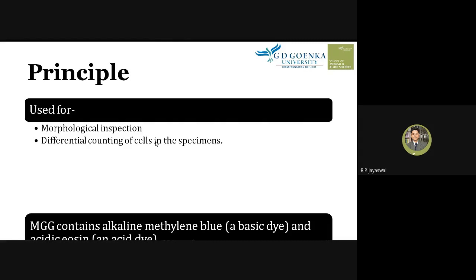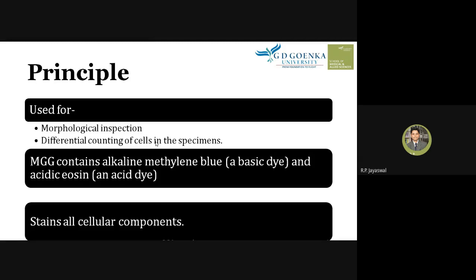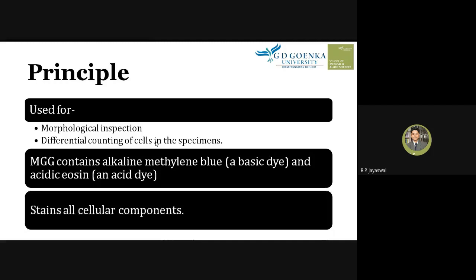MGG contains alkaline methylene blue, which is a basic dye, and acidic eosin, which is an acidic dye. So there are two combinations of dyes present in the MGG stain: methylene blue, which is a basic dye, and eosin, which is an acidic dye. Stains all cellular components. What does it mean?